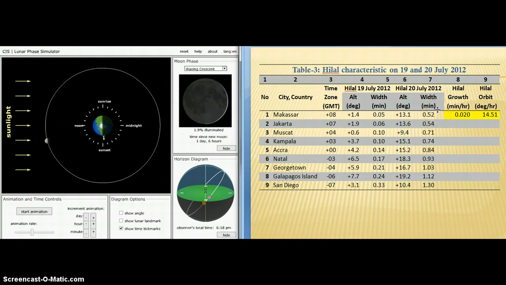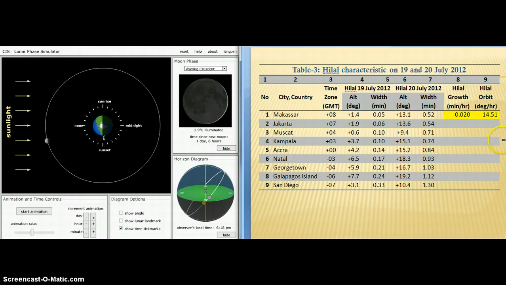Thus, between these two sunsets, with reference to Makassar, the thickness of the crescent will increase at the rate of 0.02 minutes per hour, while the moon will be orbiting the Earth at an angular velocity of 14.51 degrees per hour.